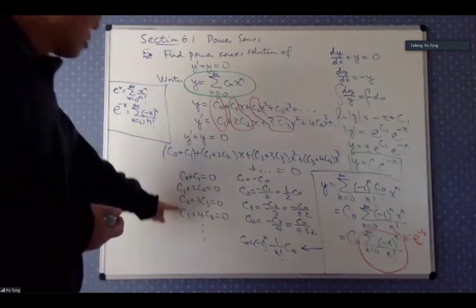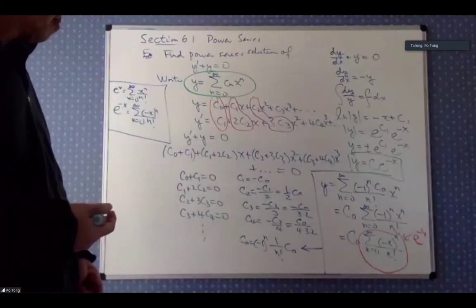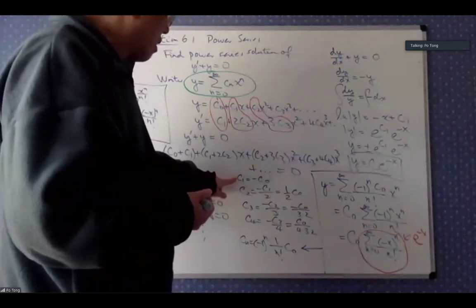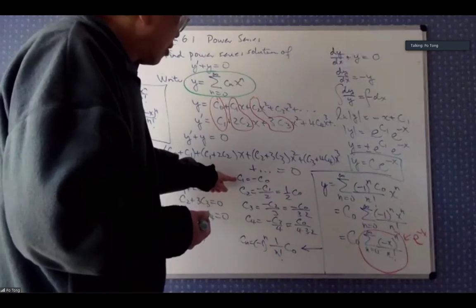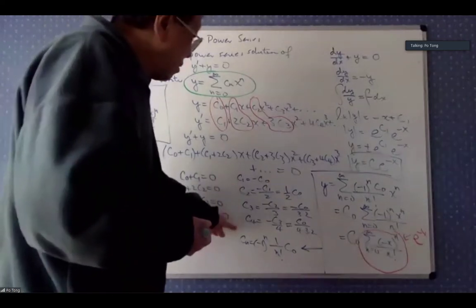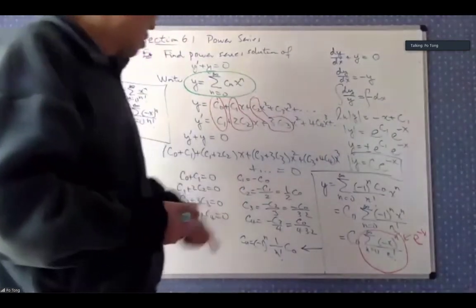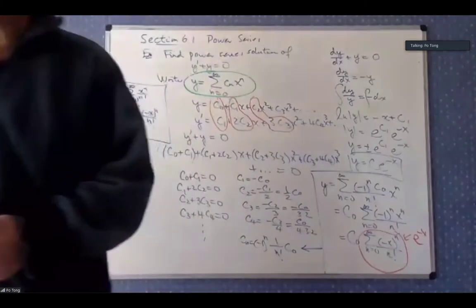Based on that, you can figure out the relationship between the coefficients, and iteratively compute all the coefficients in terms of the first coefficient, which is C0. Eventually you end up with the answer.